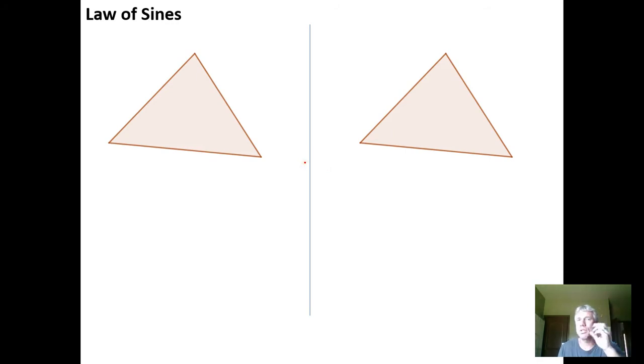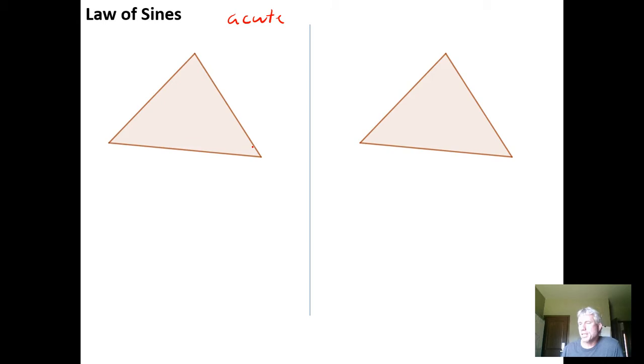They're going to show up as acute triangles, A-C-U-T-E. So those are triangles like the one that you see here, where all three angles are less than 90 degrees. And the other possibility is we can have the family of triangles called obtuse triangles, where one of the three angles is greater than 90 degrees.